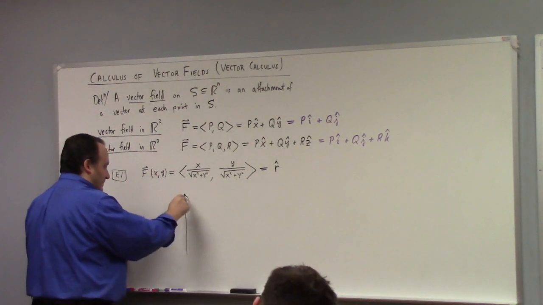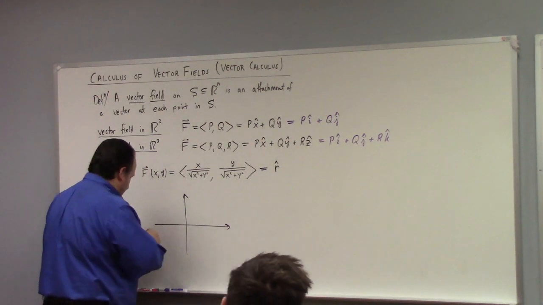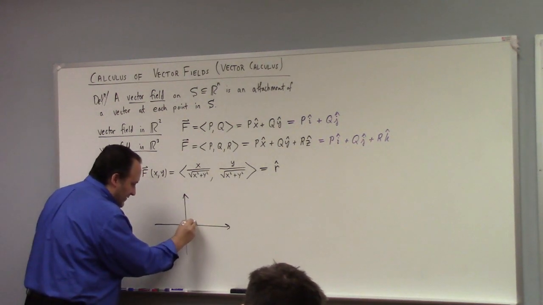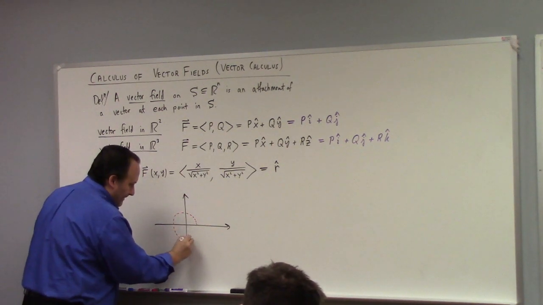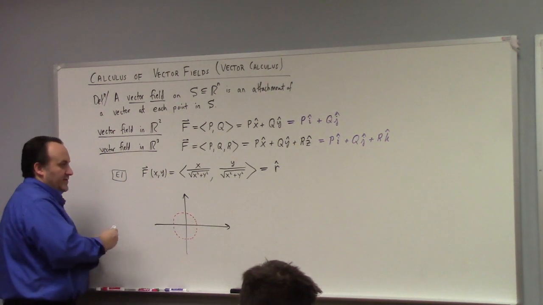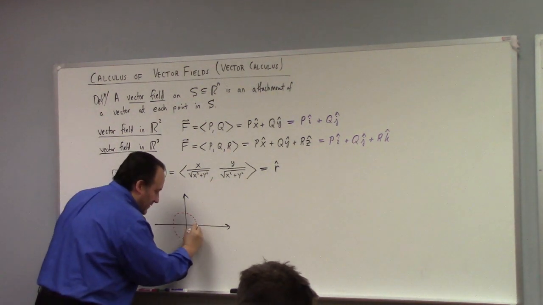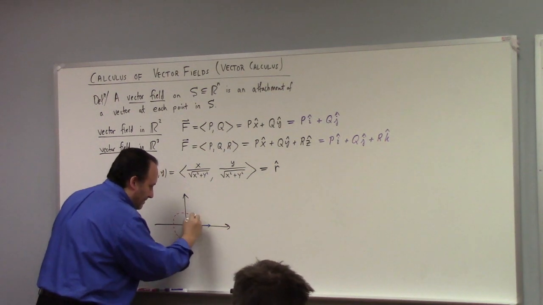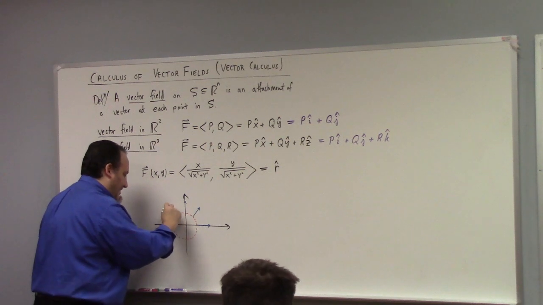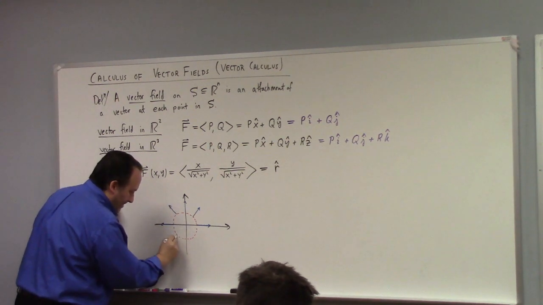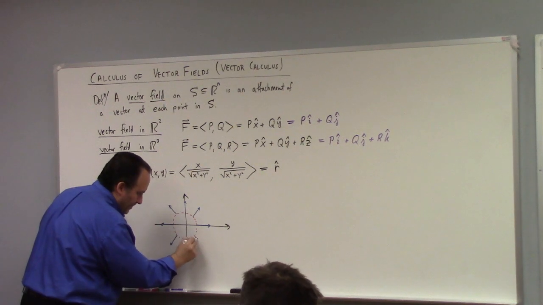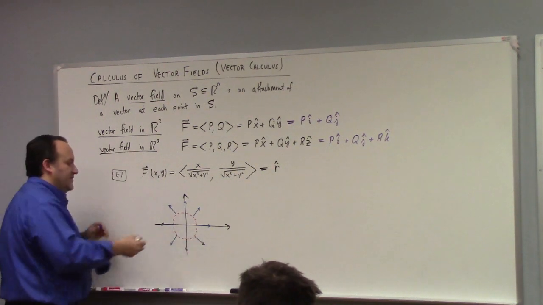In 2 dimensions, if I pick, say for instance, a unit circle, and I just draw the vectors as they emanate from the unit circle, it's something like this. Those are all supposed to be length 1 vectors.